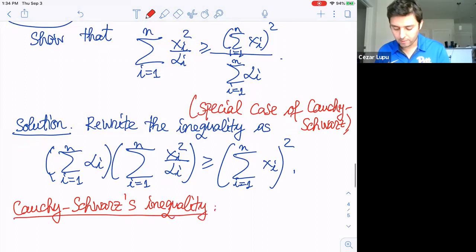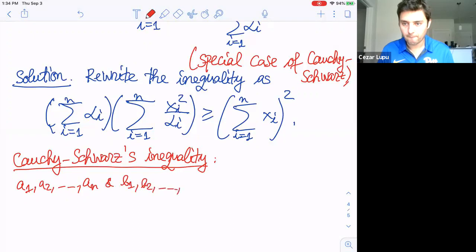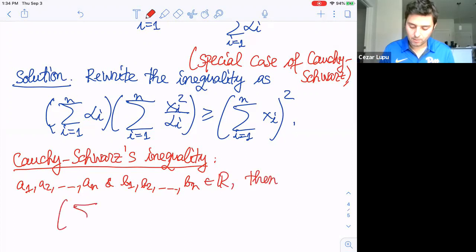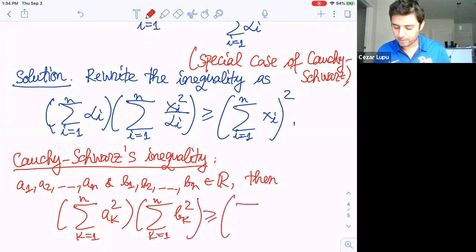If I have these numbers A1, A2, AN, and B1, B2, BN, these are real numbers, then the sum of AK squared times the sum of BK squared is greater or equal than this guy here.